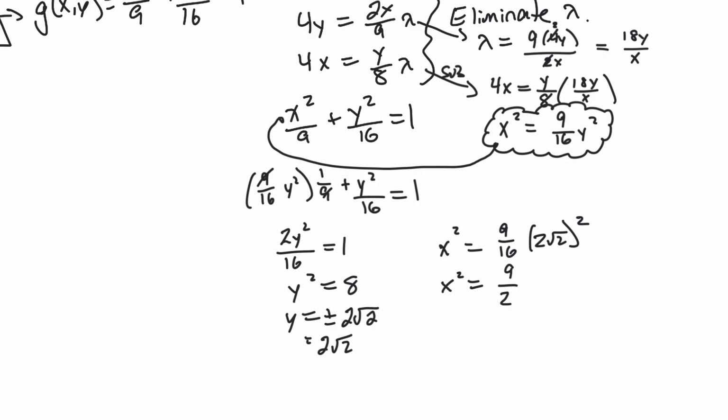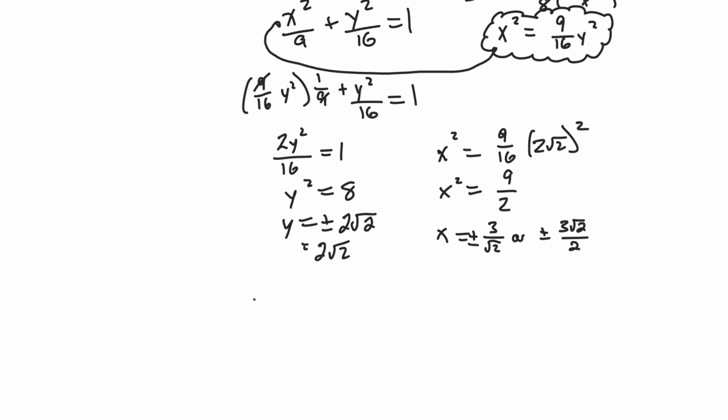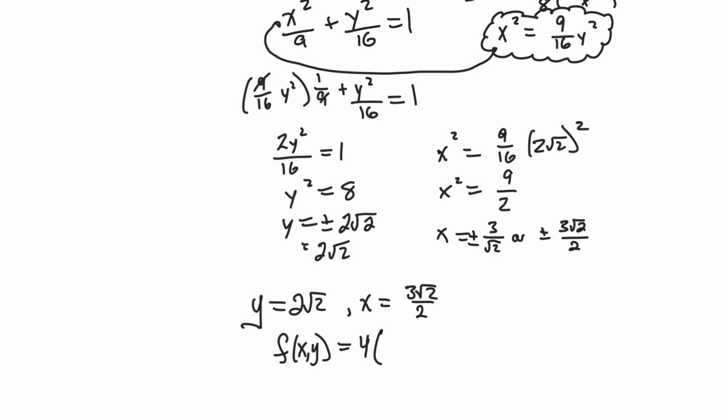So we can write x as plus or minus 3 square root of 2 over 2. But again, we can use the positive one. So we know that y is 2 square root of 2, x is 3 square root of 2 over 2, and that is going to lie on the area function.